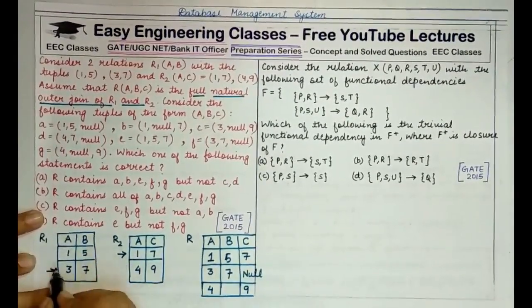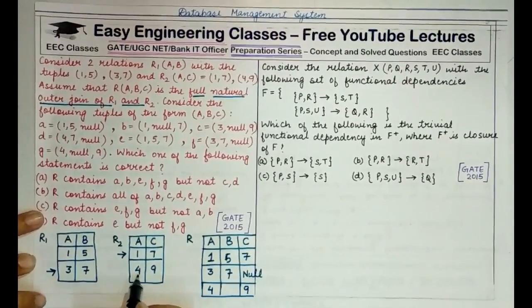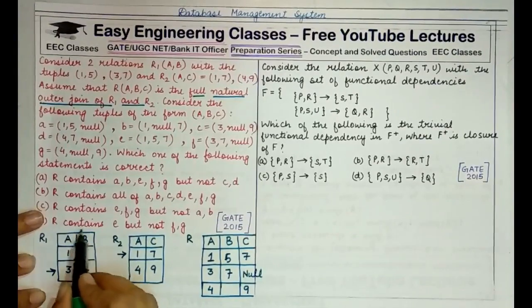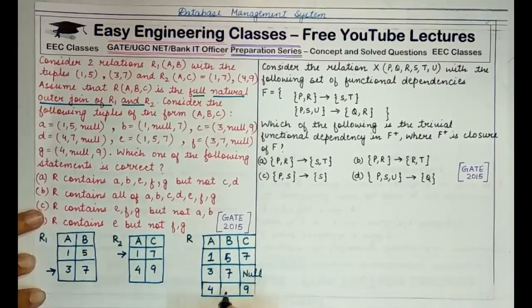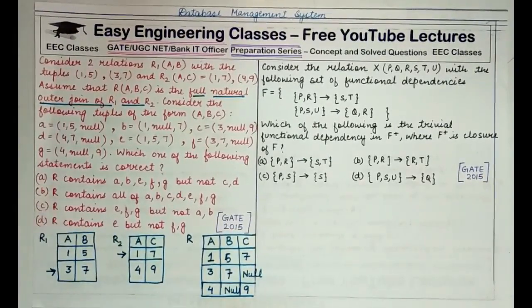Just like in the previous case, for the value 4, I look in relation R1. Is there a value of 4 present here? No, there is no such value. So in the columns that are present in R1 but not in R2, I substitute null. This is how your full natural outer join will be calculated.